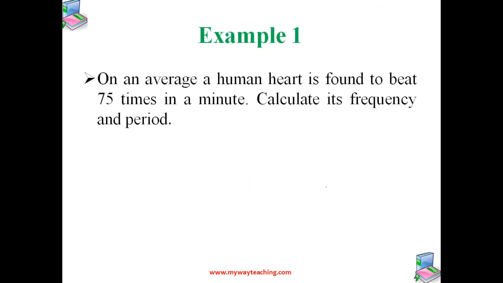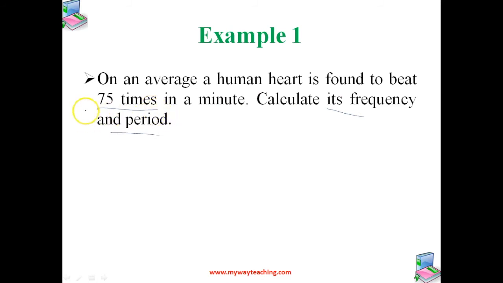Now let us see a very simple problem here. On an average, a human heart is found to beat 75 times in a minute. Calculate its frequency and period.